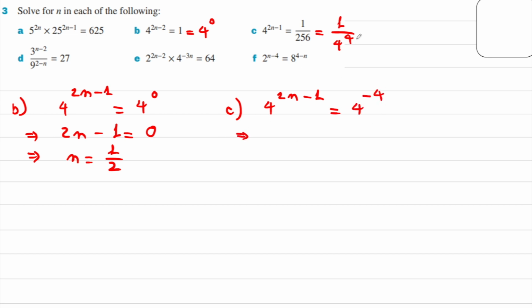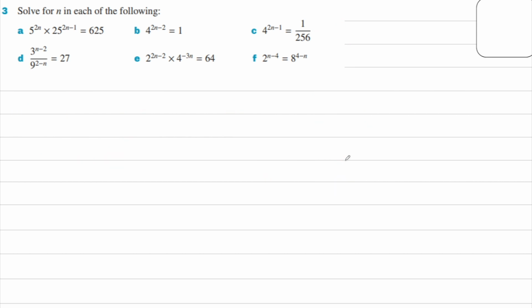I change position from denominator to numerator. Now you have only 2n minus 1 equal to negative 4. So 2n equal to negative 3. And then n equal to negative 3 over 2. That is question C.